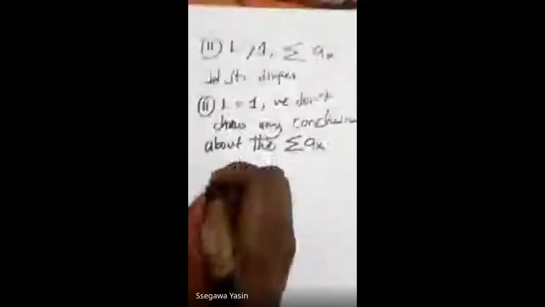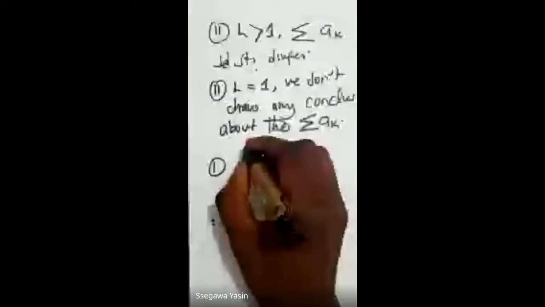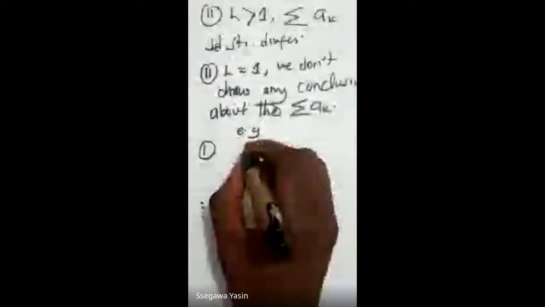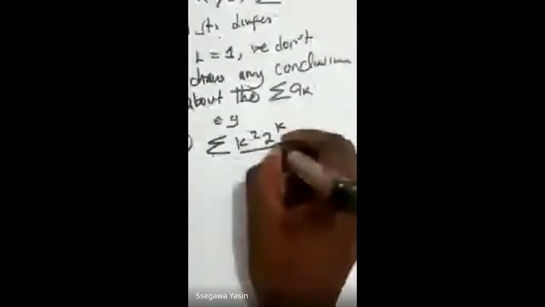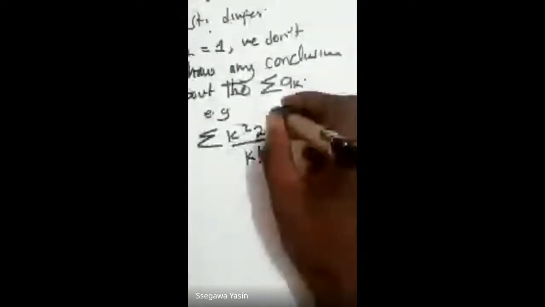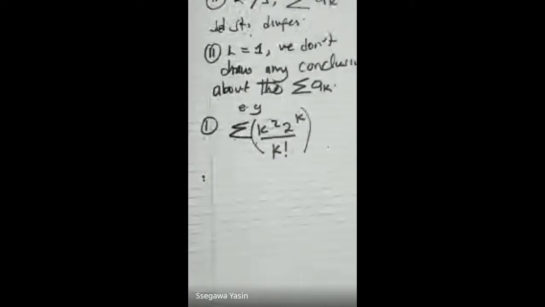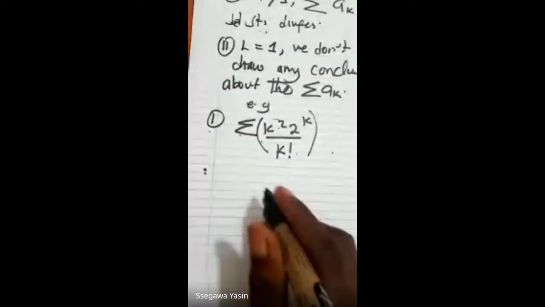So I'm going to strictly use the examples in the handout. Example number 1, we have the first one, which is the sum of k squared times 2 to the k over k factorial, the whole of it under the sum. So we said you pick the sequence.